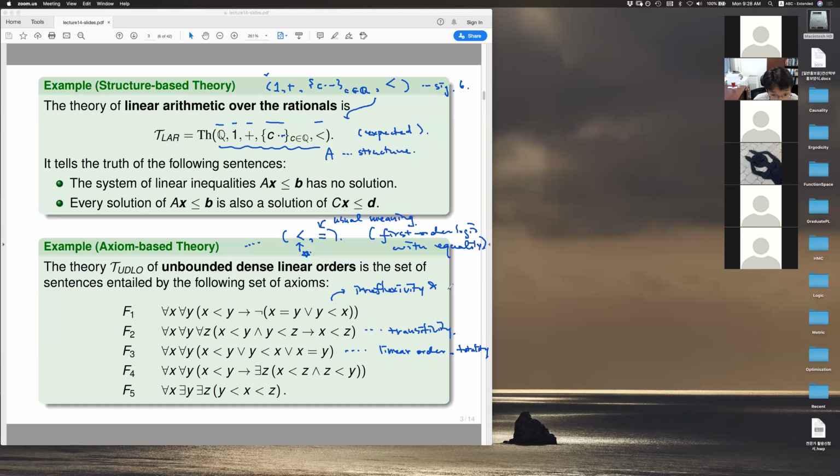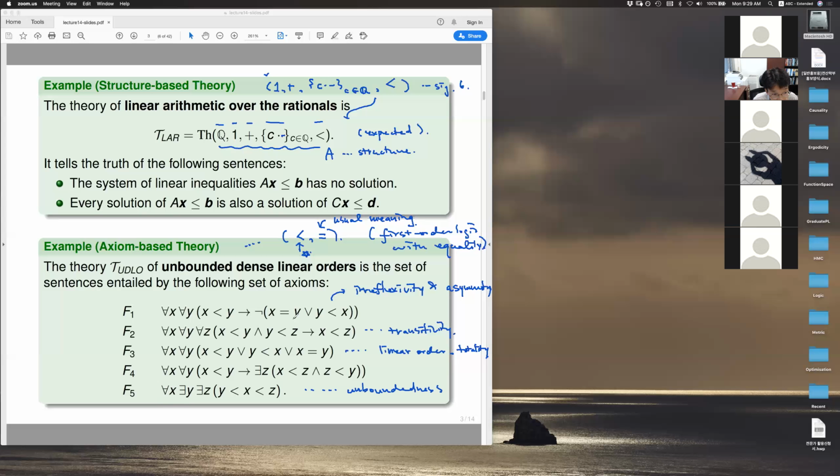And then the fourth and the fifth properties are about unboundedness. You say that for any x, you can find something smaller and also something larger. So we can find something smaller y, and we can find something larger z. So that's why this theory is called unbounded.